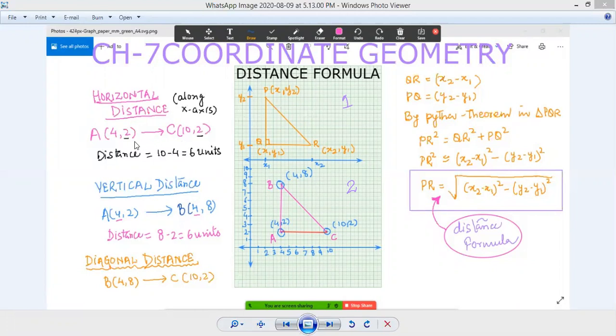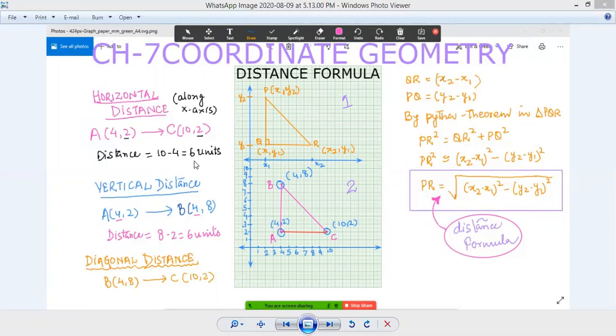If y coordinate is not changing, that means distance can be calculated just by subtracting the coordinates of x, that is only by subtracting abscissa, as abscissa only is changing. So you will find out the distance by subtracting 4 from 10. Therefore you have moved 6 units.